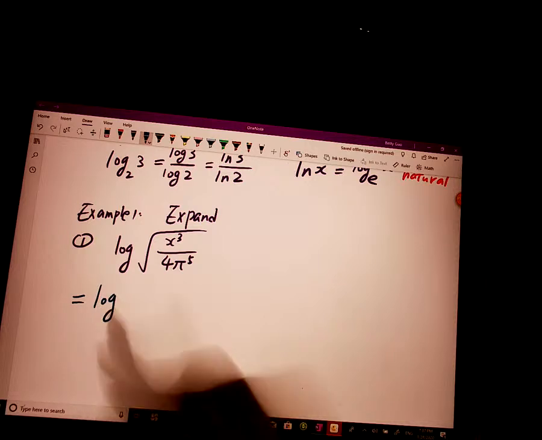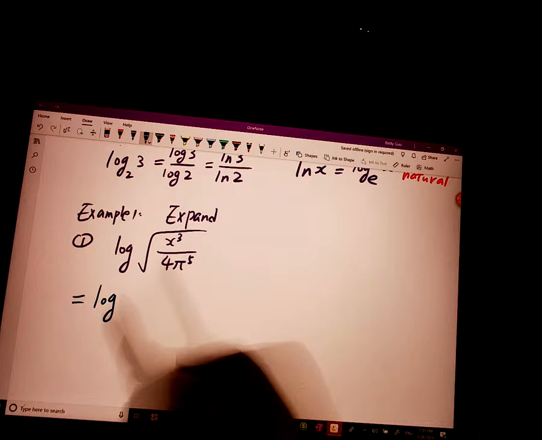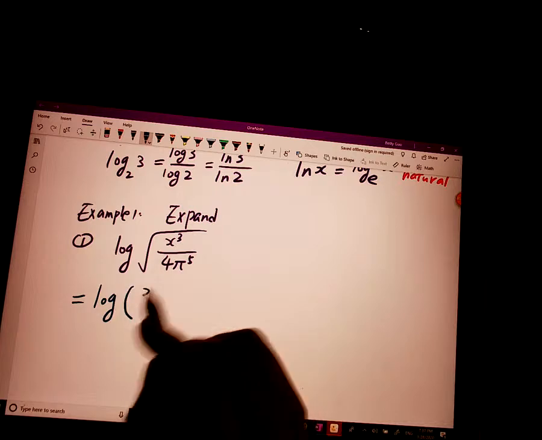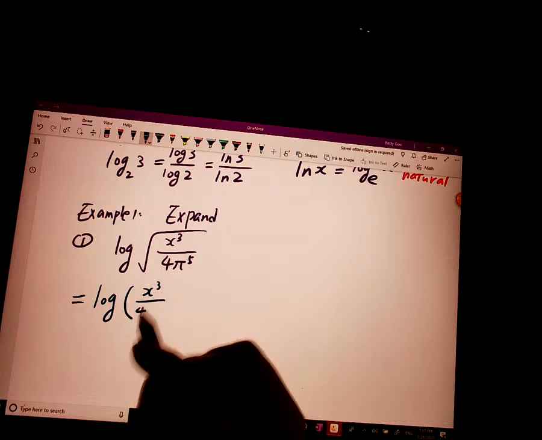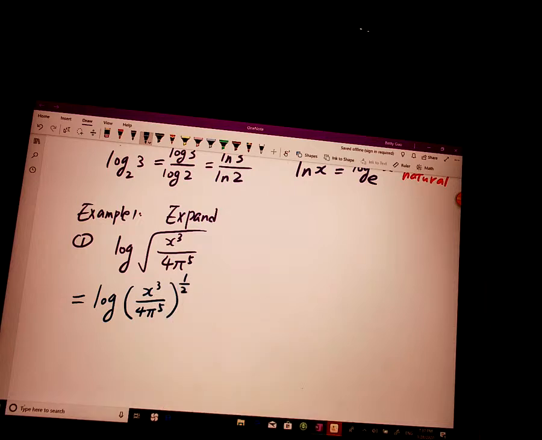So firstly, I'm going to rewrite the square root. How do I rewrite the square root? I rewrite it as half. Does that make sense? Okay, this step is pretty essential.